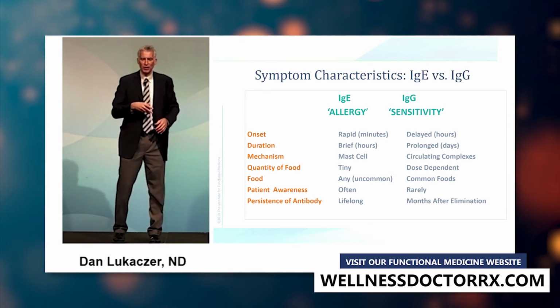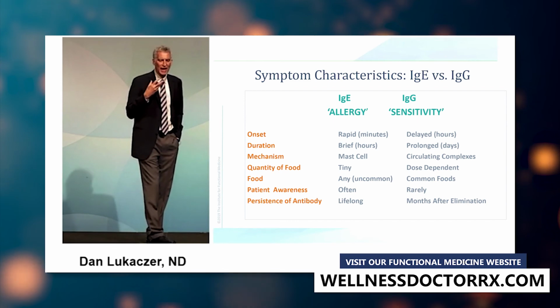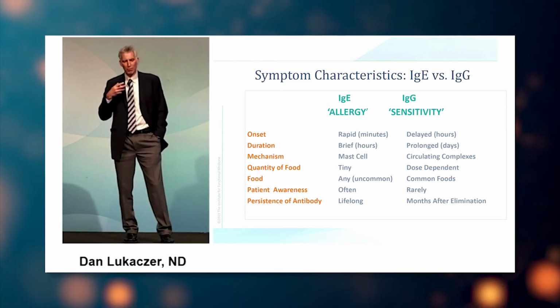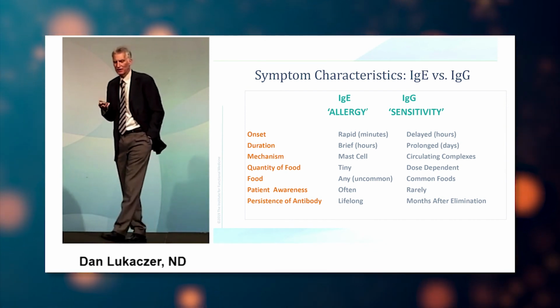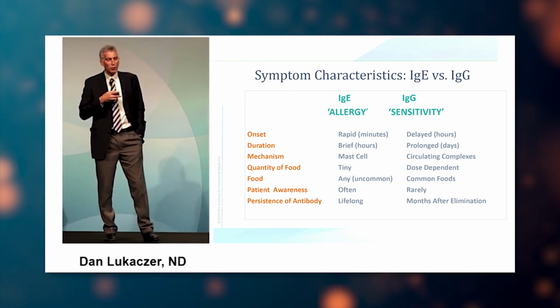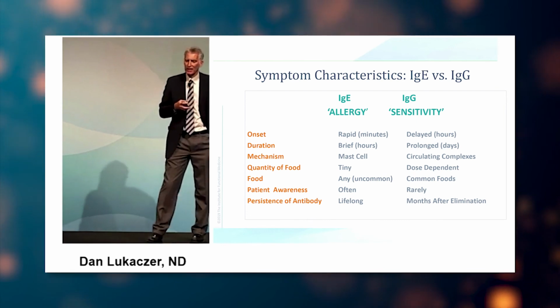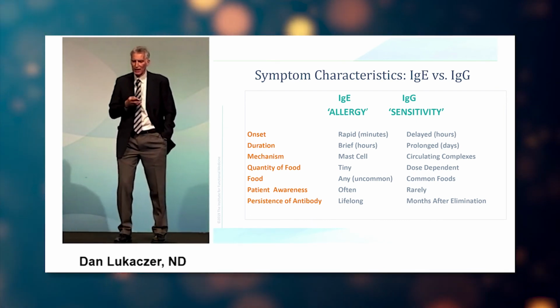They don't generally cause symptoms immediately or necessarily as dramatically as IgE. So a headache or a migraine might happen 2 or even 3 days after eating the food. The onset is delayed, and therefore patient awareness can be low, but the antibody can be significantly decreased, as I say here, in a matter of months.